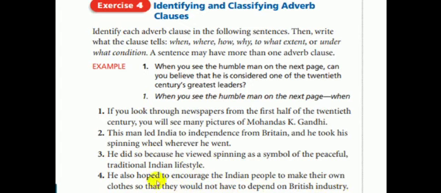We have so that as the subordinate conjunction, and whatever followed so that is the adverb clause: so that they wouldn't have to depend on British industry. The last one, as a form of protest, he led marches or fasted until the government met his requests. And we have here until as the subordinate conjunction, and until the government met his requests is the adverb clause.